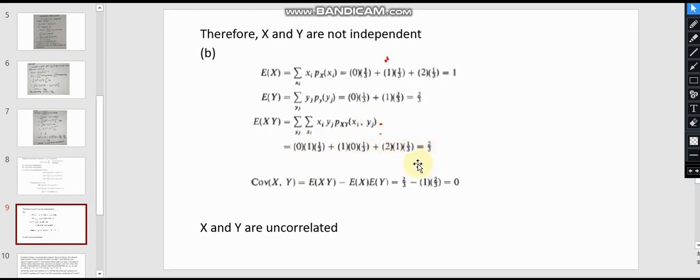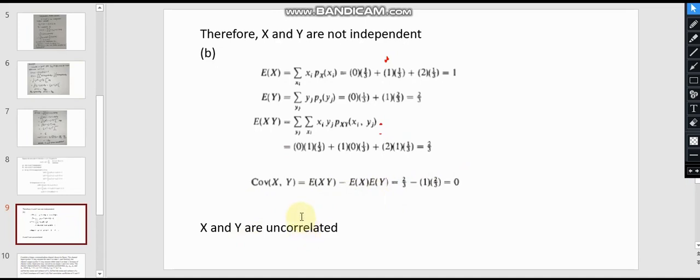This is equal to 2/3. Incorporating in the covariance formula, the covariance is equal to 0. So we can say that X and Y are uncorrelated.